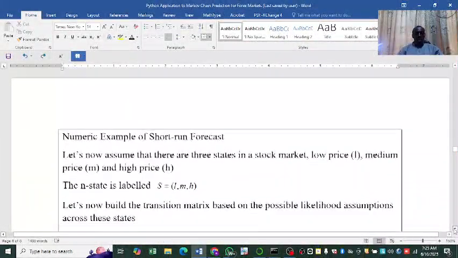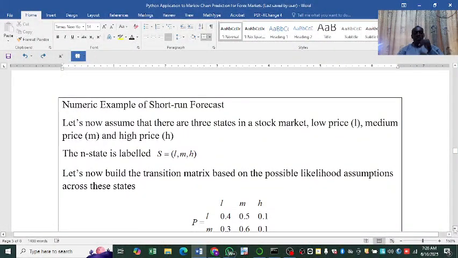So if we have n periods of forecast, to get the probability of transiting in step 1, we multiply the initial vector by the transition matrix, and to get the 2-step-ahead prediction, we multiply the initial vector by the square of the transition matrix.